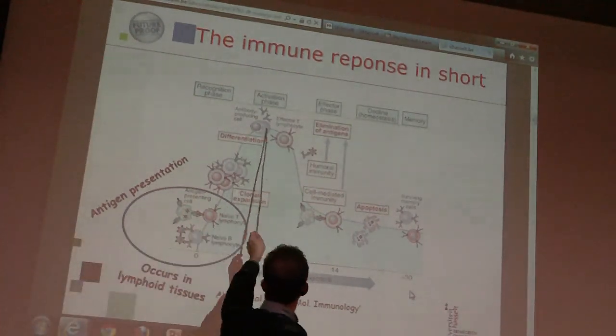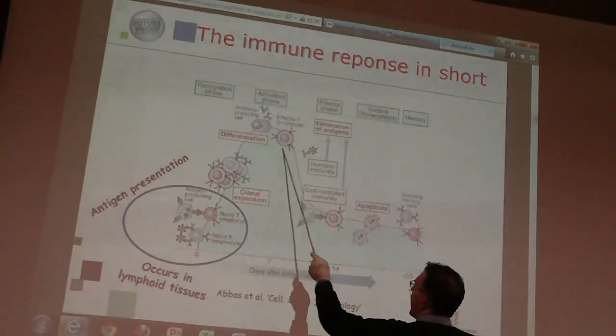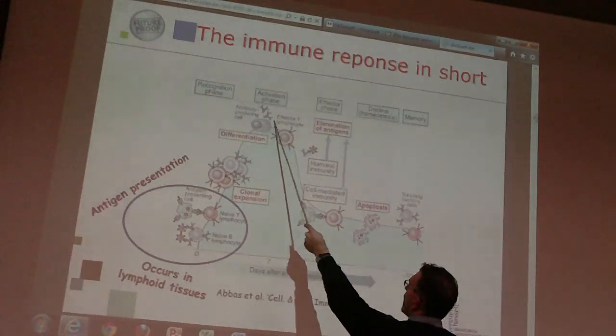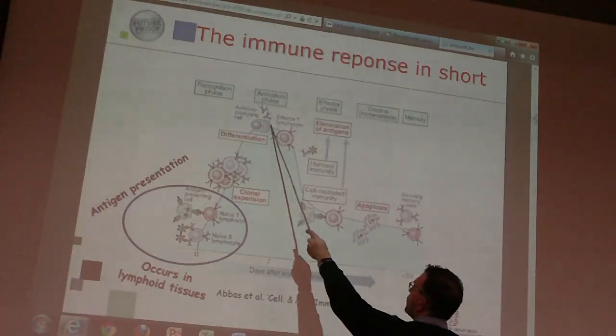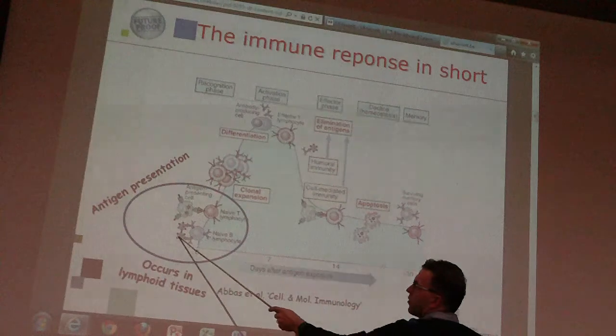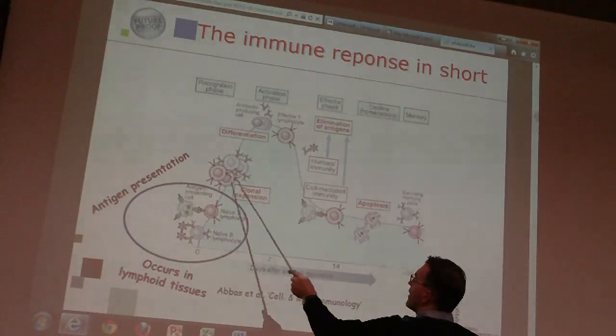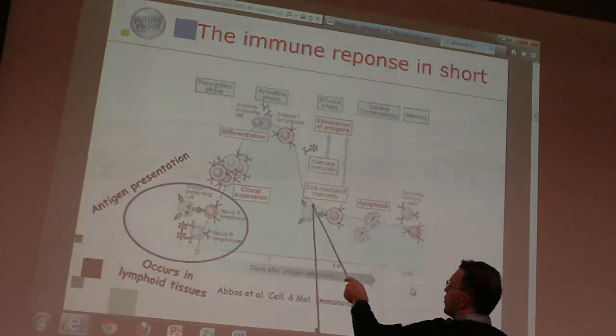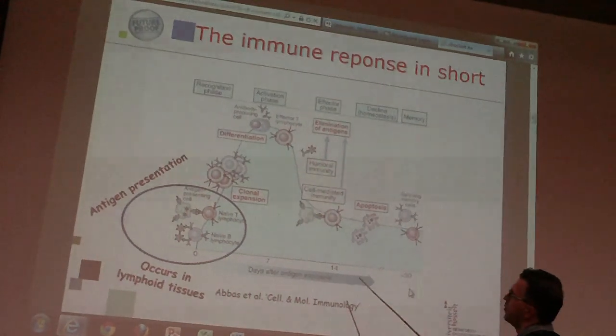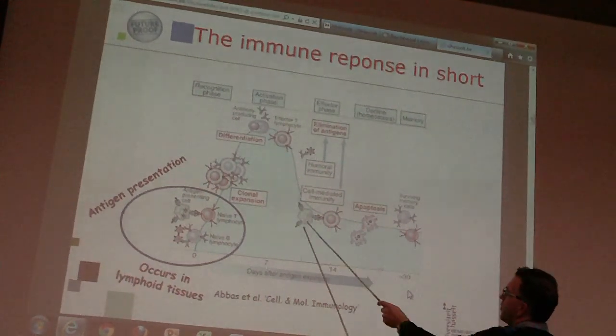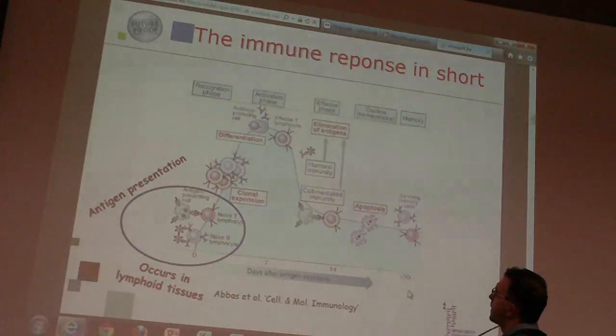Once your infection is actually neutralized, so for instance, antibodies can neutralize them, then of course your stimulus will drop away. So if you have antibodies here, then they will drop away, and you get a reduction of your immune response and elimination of your microbes.